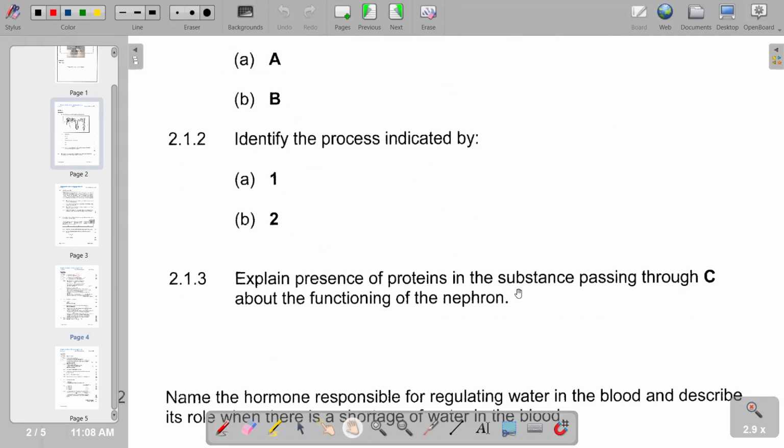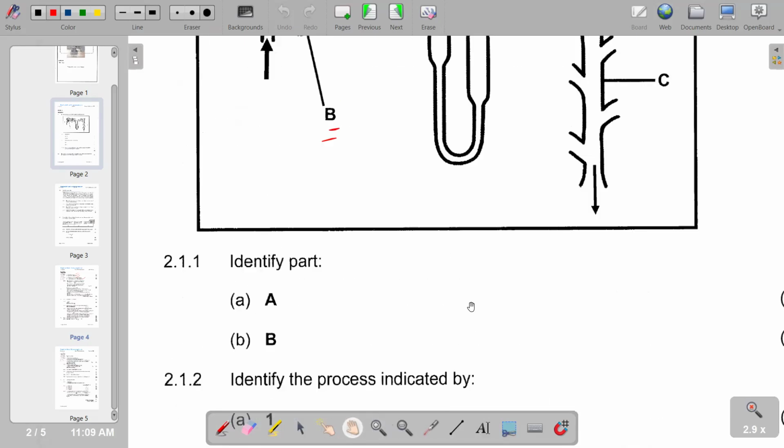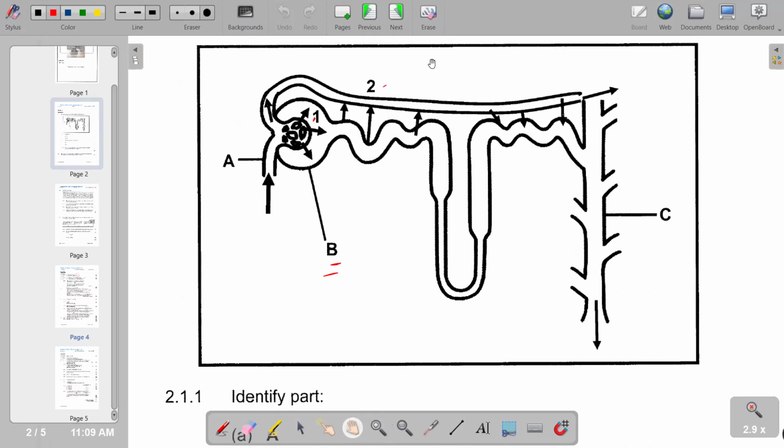Explain the presence of proteins in the substance passing through C about the function of the nephron. Of course, I refer to C, the substance that is passing through C. So we have our C as indicated.